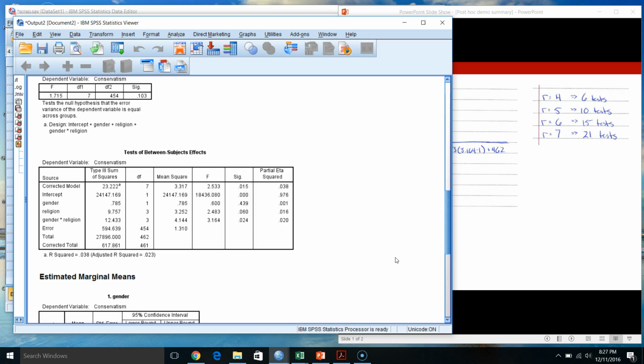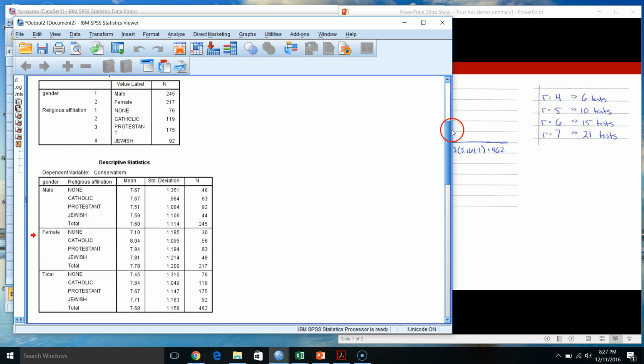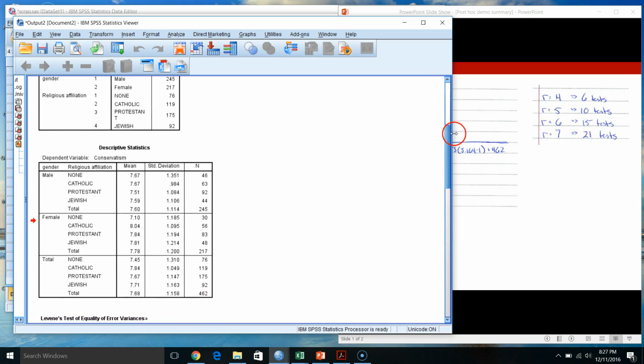We could also decide to set our degrees of freedom equal to the number of degrees of freedom for each pairwise test, right? So if we want to compare Catholic men and Protestant men, we could set our Q value equal to the degrees of freedom for that test, and then look at Catholic versus Jewish and set a new critical Q based on the degrees of freedom for that contrast, and then for our non-affiliated men and our Catholic men.